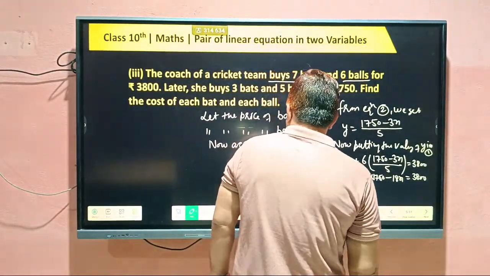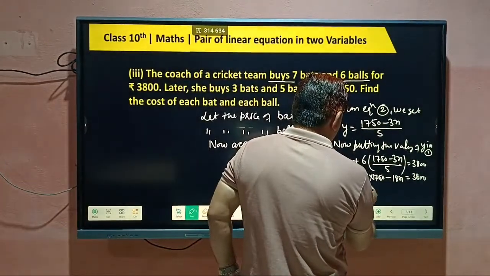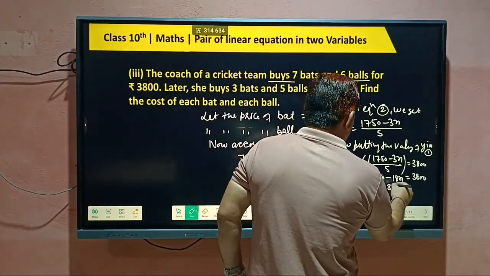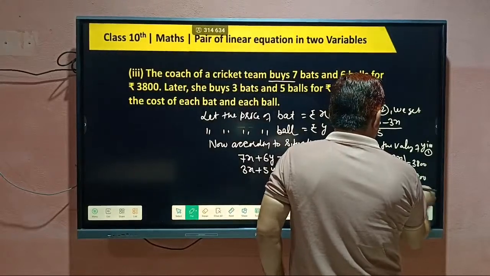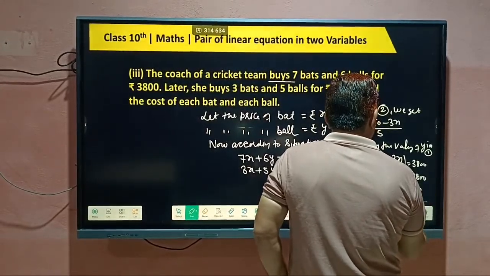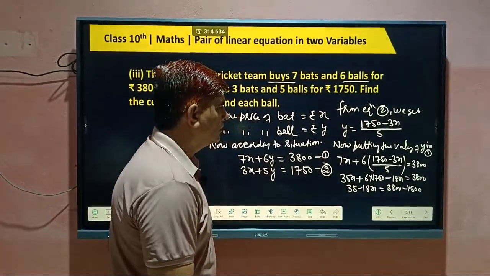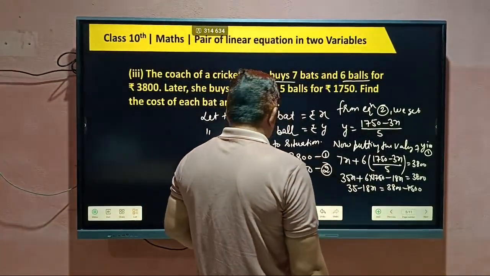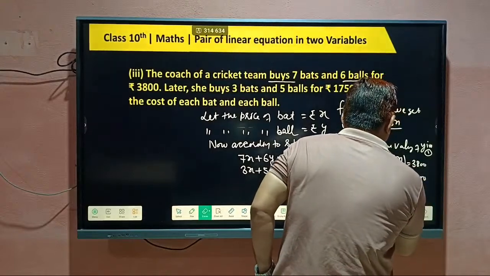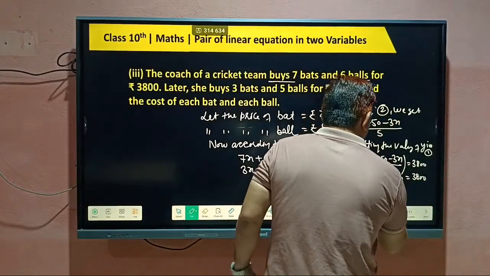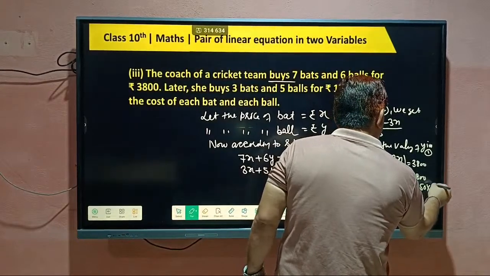This is 35x minus 18x, and 6 into 1750 is on the other side. Taking this side, bring it to this side: 3,800 into 5 minus 1750 into 6.